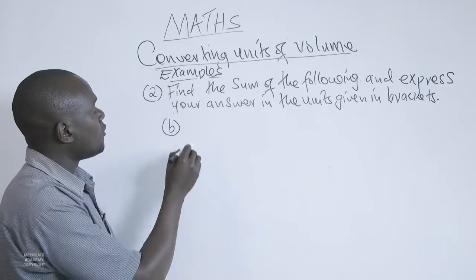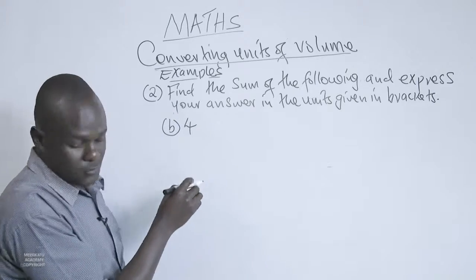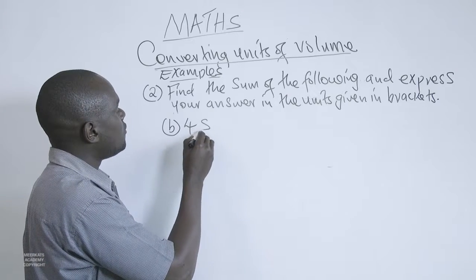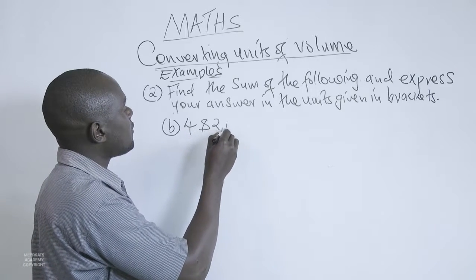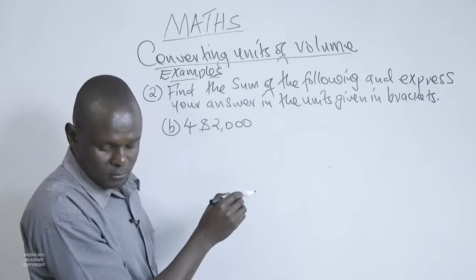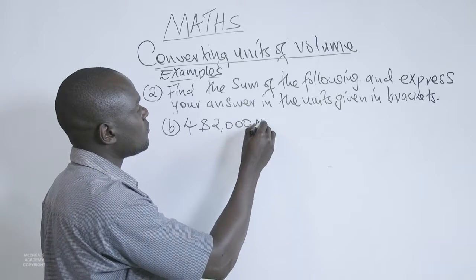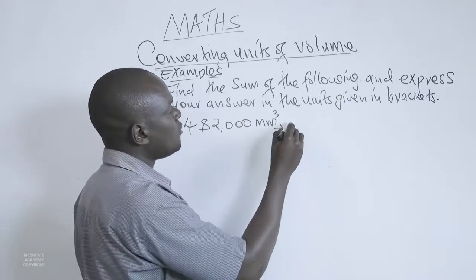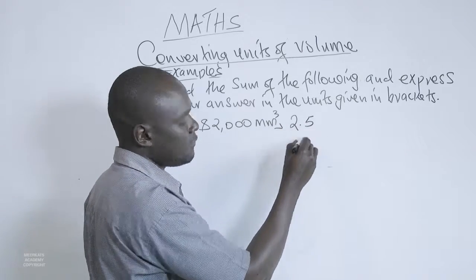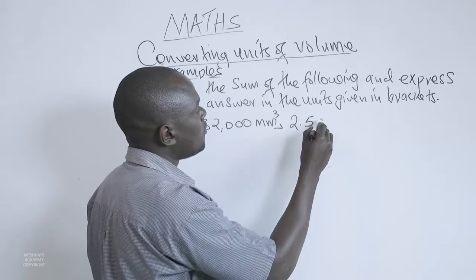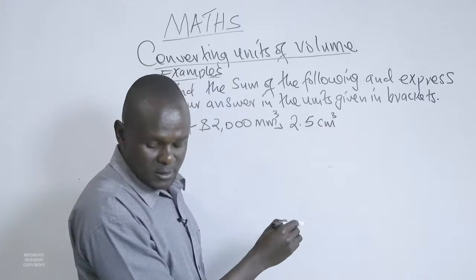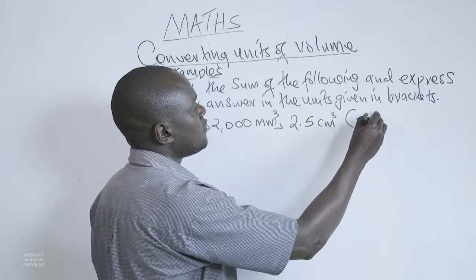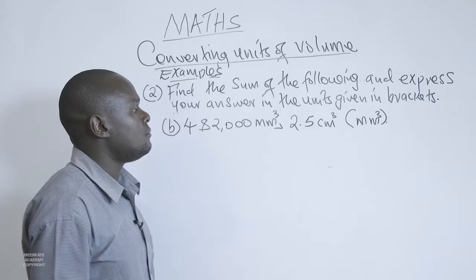Part B, we are going to look at how to find the sum of 482,000 cubic millimeters and 2.5 cubic centimeters, and our answer should be expressed in cubic millimeters.